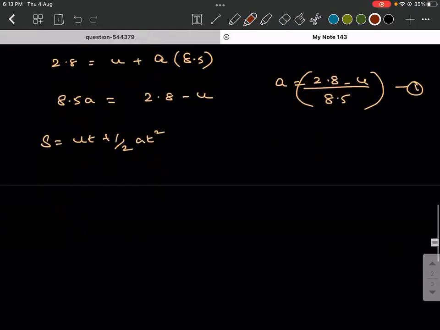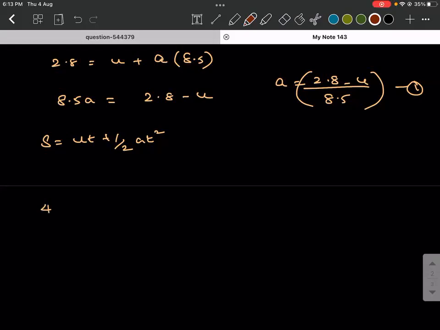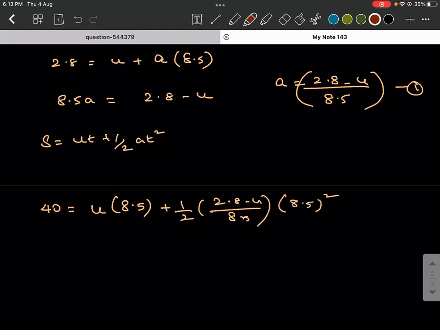Now listen to this. S is equal to UT plus half AT square. How much distance did it travel? 40 is equal to U, which is what you need to find, into how much time did it take? 8.5 seconds, plus half into acceleration, which is 2.8 minus U divided by 8.5, into t square, that is 8.5 square, and this will get cancelled.